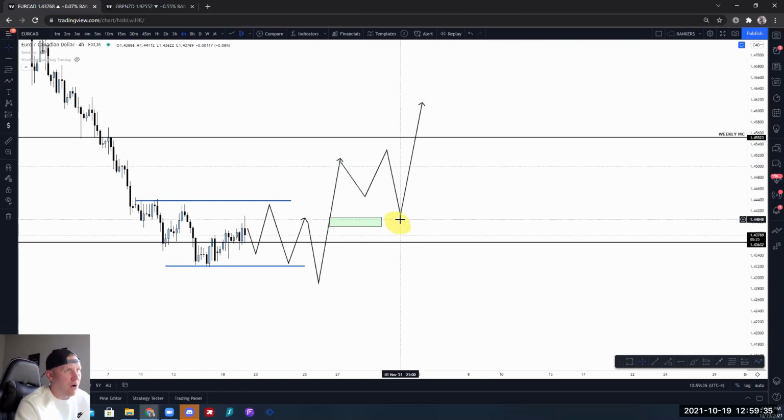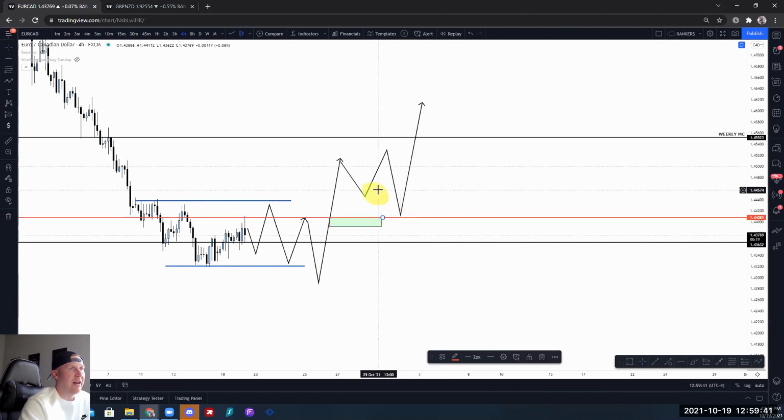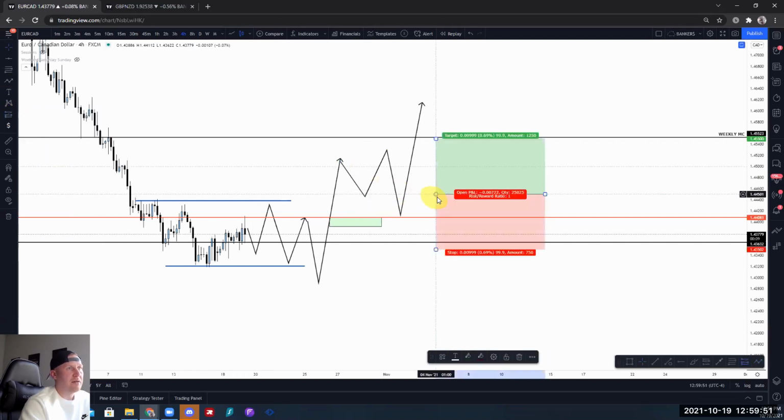Now here, that's where you'd want to drag your stop, because one, it's filling the imbalance and it's running on liquidity on this low. So this is a manipulation candle. That's an area that if you were going to enter, would be entry on the manipulation candle, and your stop would go under that manipulation low, right?